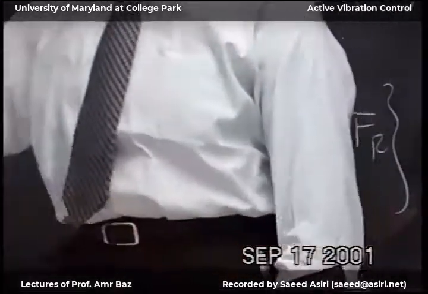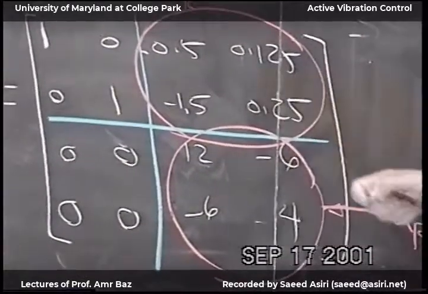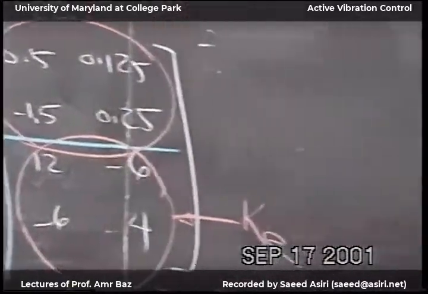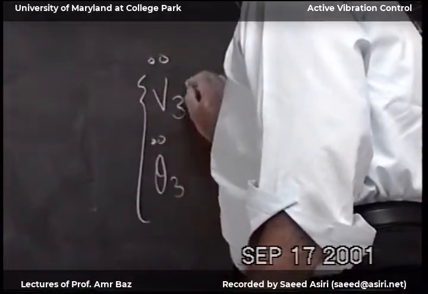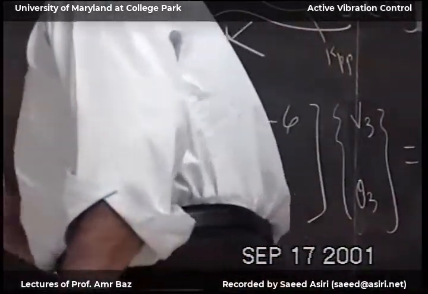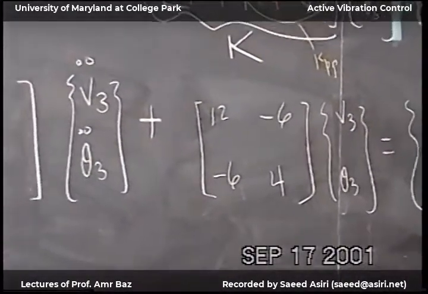Or I can now take this R star, form the R matrix and calculate M. So this will be now here, theta 3 double dot. And my M matrix.